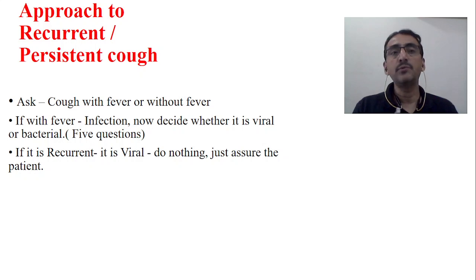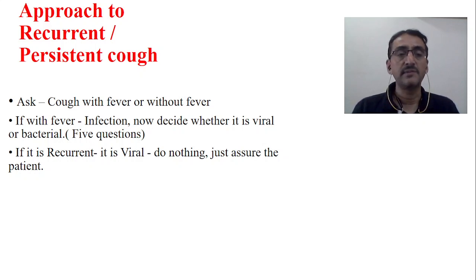Now, what is the approach to recurrent and persistent cough? Suppose persistent cough or recurrent cough is there, what should be your approach? First question: ask whether the cough is there with fever or without fever. If the child is having fever along with a cough, then definitely there is infection. Now we have to decide whether this infection is viral or bacterial, and we know how to decide.